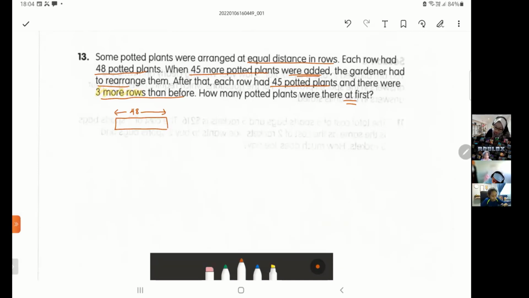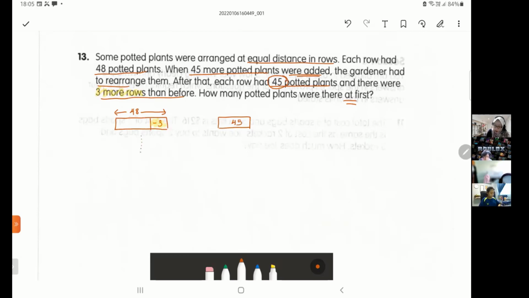If I look at the end, the extra 3 comes from here. Why? Because each row has 45. If you take out the 3, it becomes just 45. 48 minus 3, I get 45. Right? Okay, and then you continue.